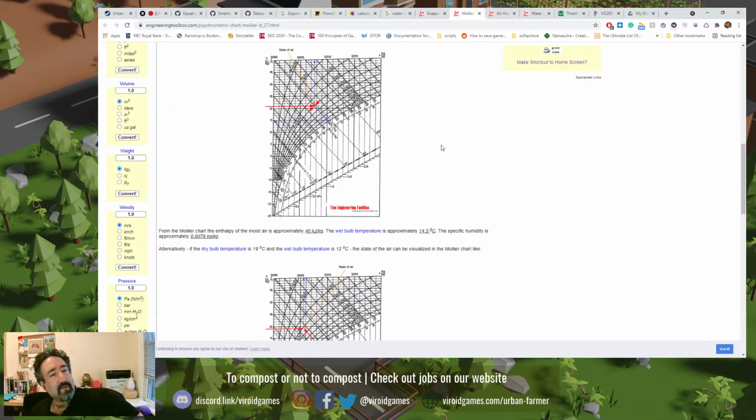Could turn this into a geometry problem, but this 45-degree angle. If I could find this 40 kilojoules per kilogram, imagine it's here. So draw a line for something like that, really reaching here.